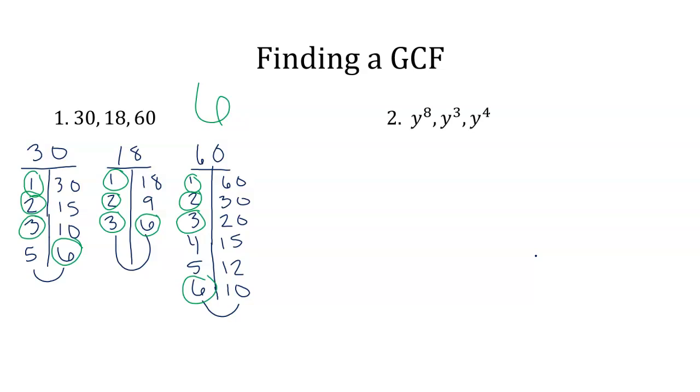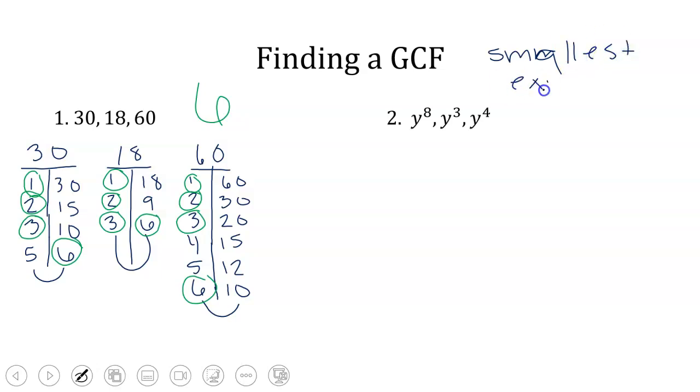Now, looking at exponents, it's the opposite. So you want the smallest exponent. The largest factor, smallest exponent. So I have y^8, y^3, and y^4.